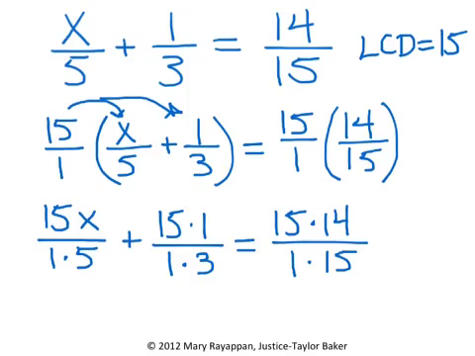So looking at my first fraction, I don't have any common factors the way it's written now, but you'll notice that 15 can be rewritten as 5 times 3. I now have a factor 5 in both the top and bottom. They will cancel out, and I will be left with 3x over 1, or 3x.